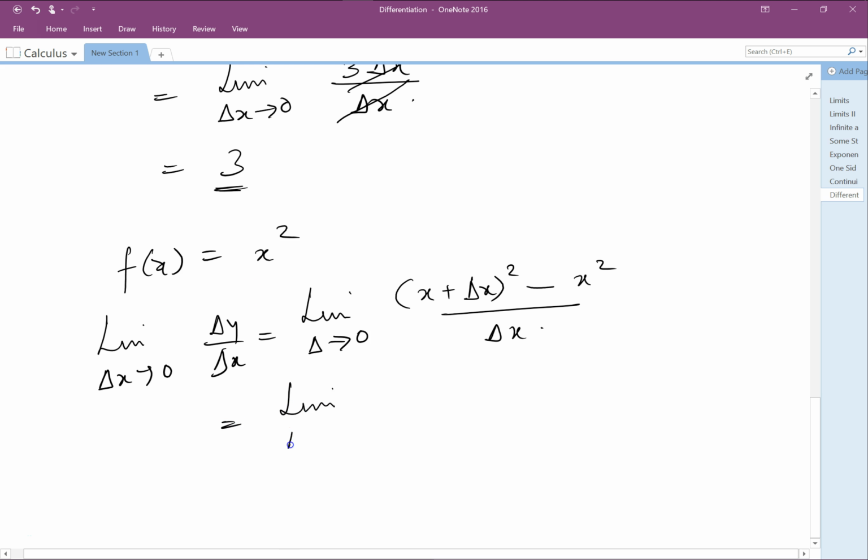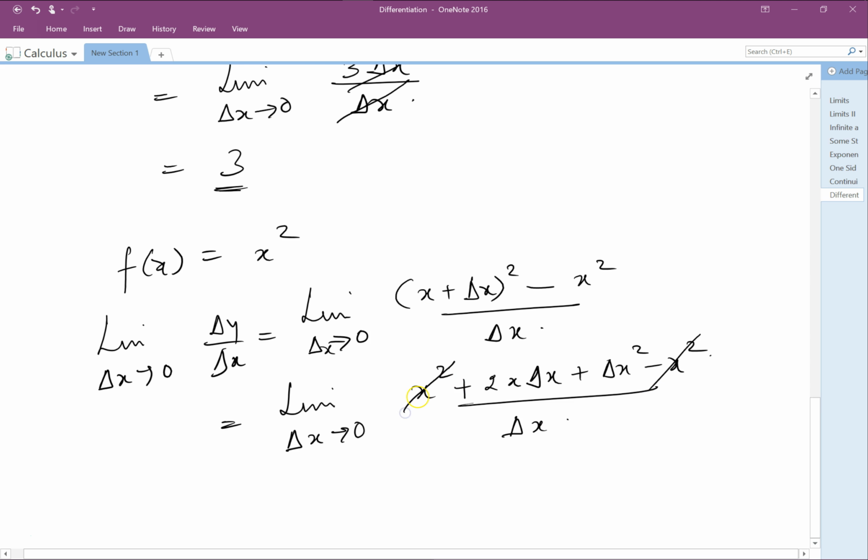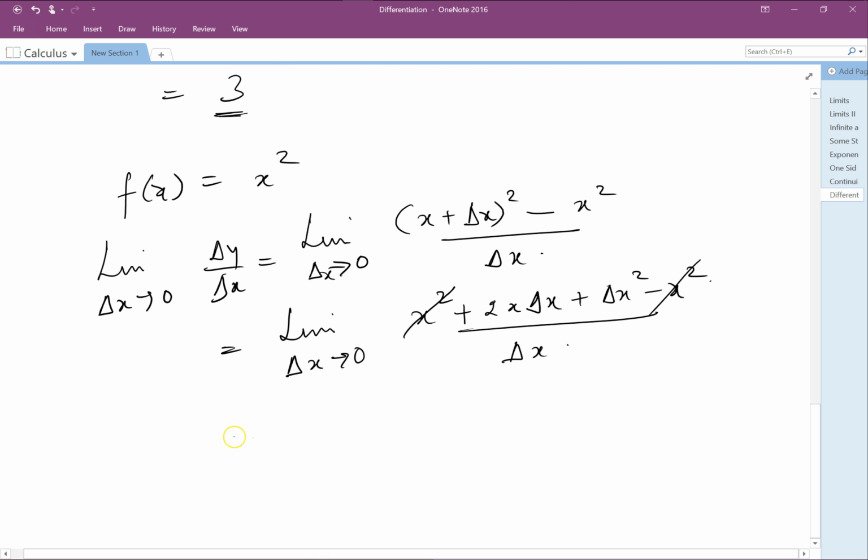Limit as delta x approaches 0. Remember a plus b the whole square: x square plus 2x delta x plus delta x square minus x square divided by delta x. x square and x square get cancelled. Limit delta x approaches 0.